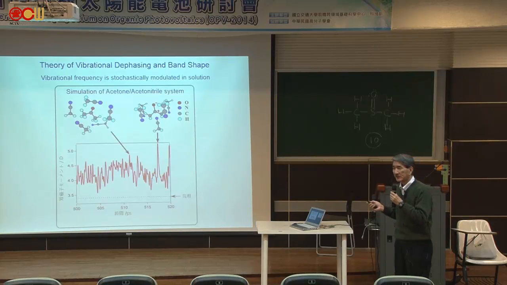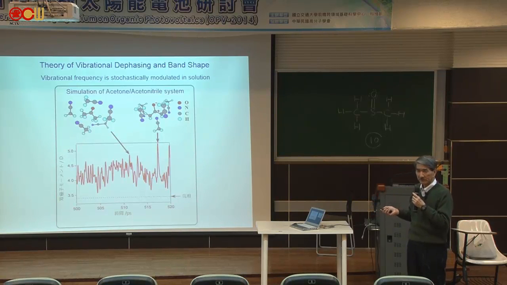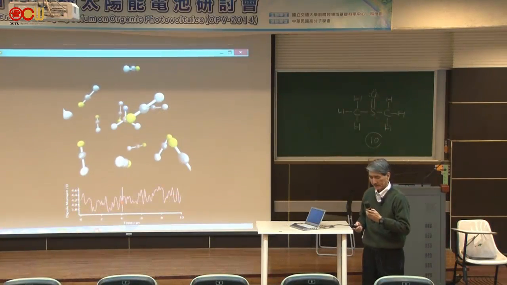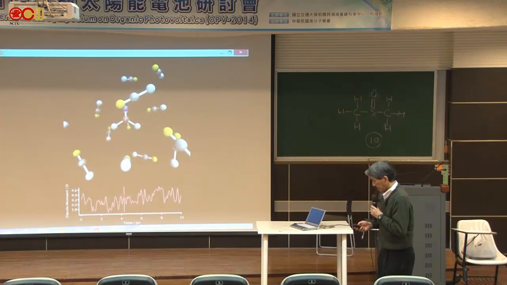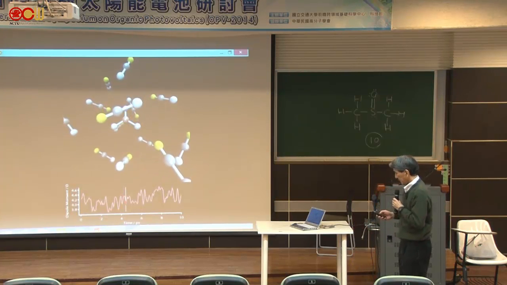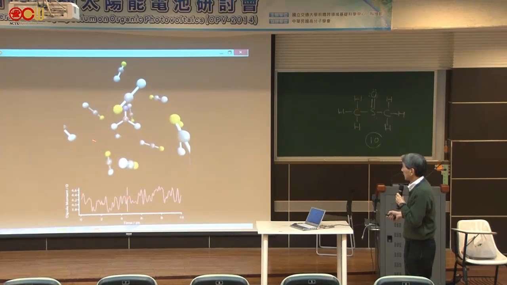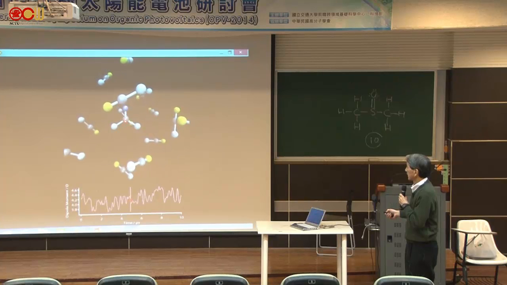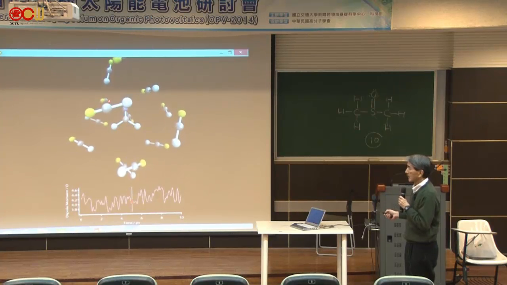And actually, we did a measurement of acetone and acetonitrile, and found that the simulation reproduces the result very nicely. This is a very detailed story, so I'm not going into that. But I can show you a movie. This is a result of calculation. At the center, you have the acetone molecule, with the carbon and oxygen.